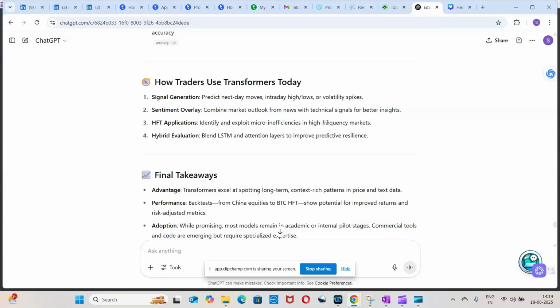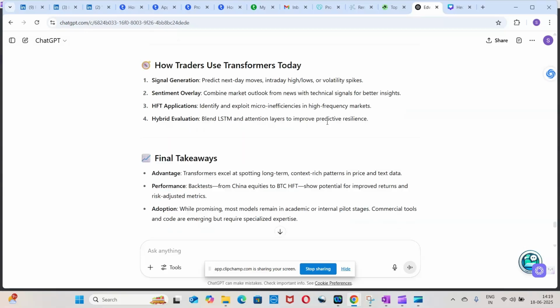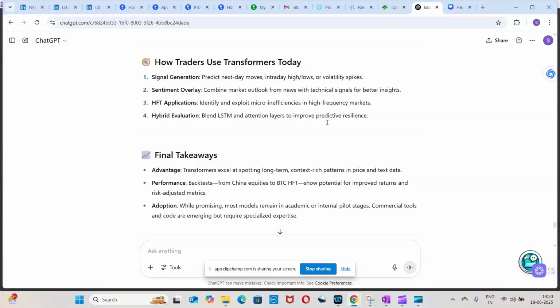HFT applications also, it's being used for, so it is able to exploit micro inefficiencies in high frequency markets. Hybrid evaluation, a combination of LSTM and attention layers, is also improving the predictive accuracy of these models.